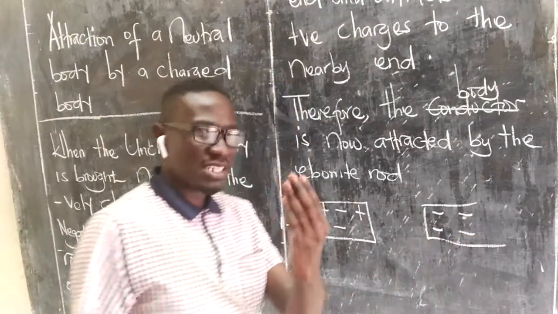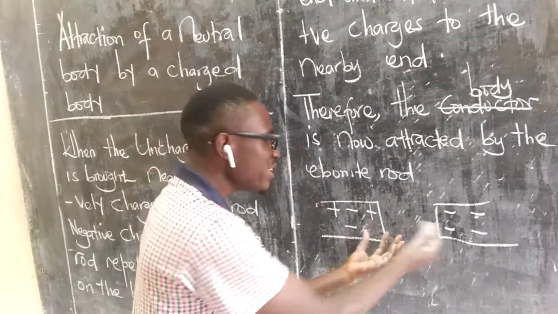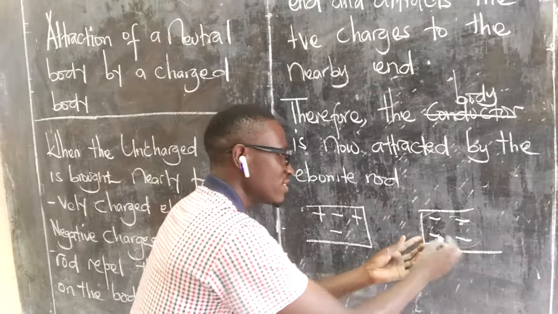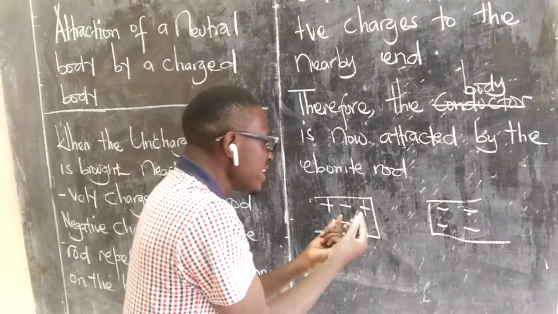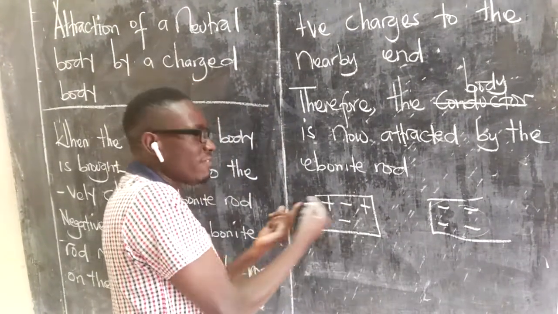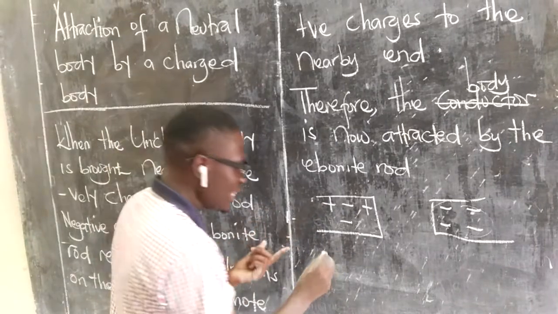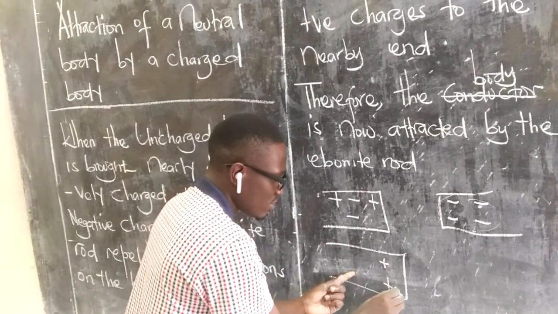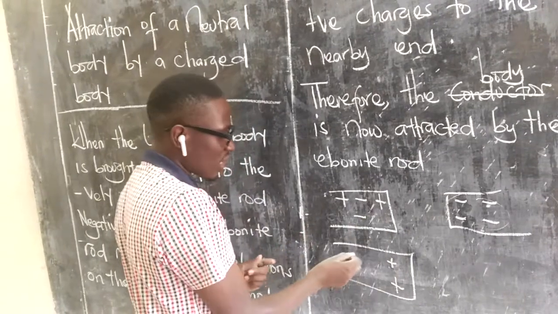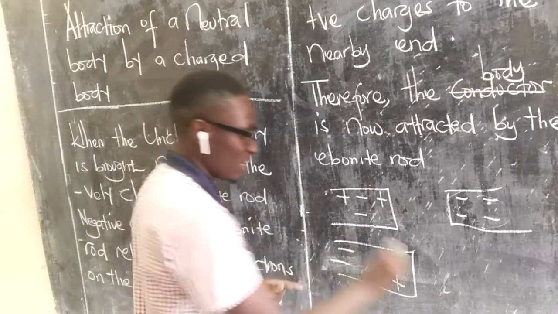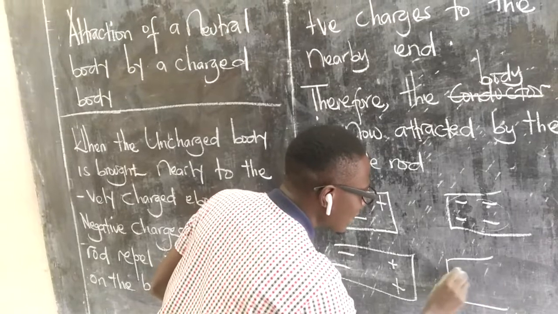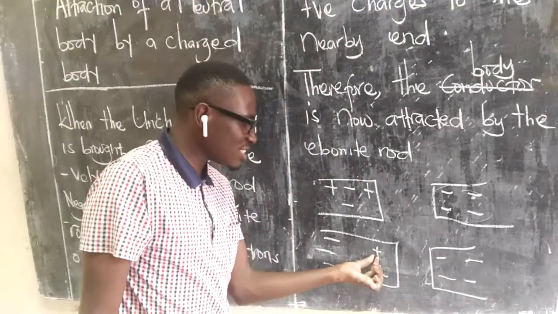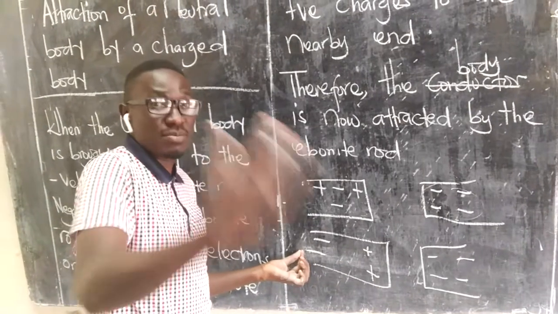Now what happens is that when you bring them together, these electrons or these charges will repel similar charges to the far end. So meaning that in our new diagram, you will have positive charges close, then the negative charges shall be repelled far away. So we shall remain with now negative charges here. But these negative charges shall repel the negative charges here to the far end because they are similar charges.